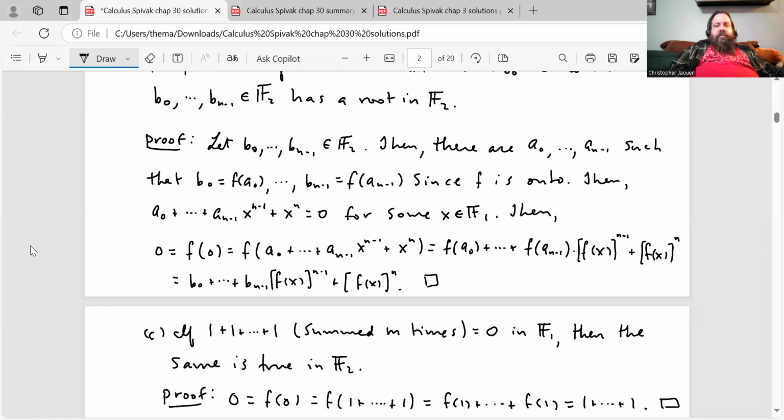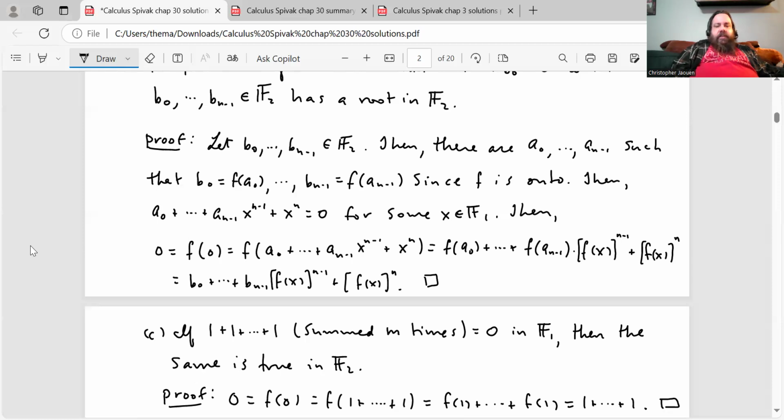Then a0 plus dot dot dot plus a sub n minus 1 times x to the n minus 1 plus x to the n equals 0 for some x in F1. Then again, 0 equals f of 0 equals f of that polynomial, which, by use of the homomorphism property, equals f of a0 plus dot dot dot plus f of a sub n minus 1 times (f of x) to the n minus 1 plus (f of x) to the n, which is equal to b0 plus dot dot dot plus b sub n minus 1 times (f of x) to the n minus 1 plus (f of x) to the n.